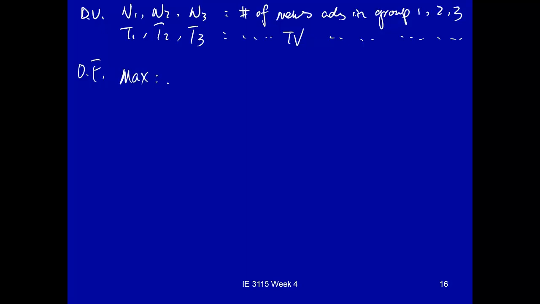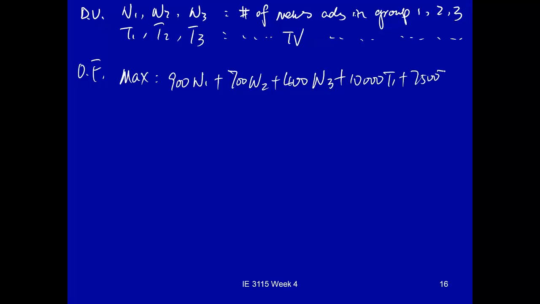The customers on the table, it didn't say per ad, but it is 900 people per ad. 900 N1 plus 700 N2 plus 400 N3 plus 10,000 T1 plus 7,500 T2 plus 5,000 T3.